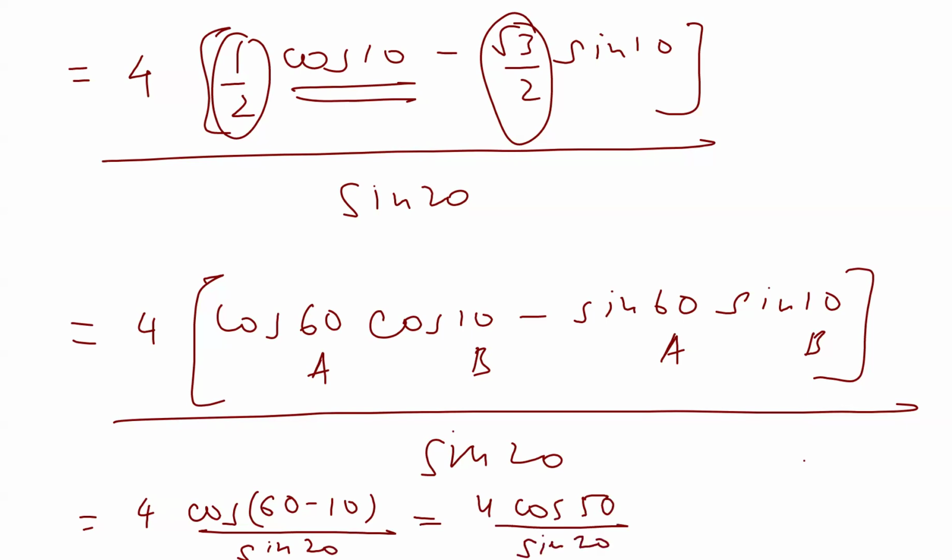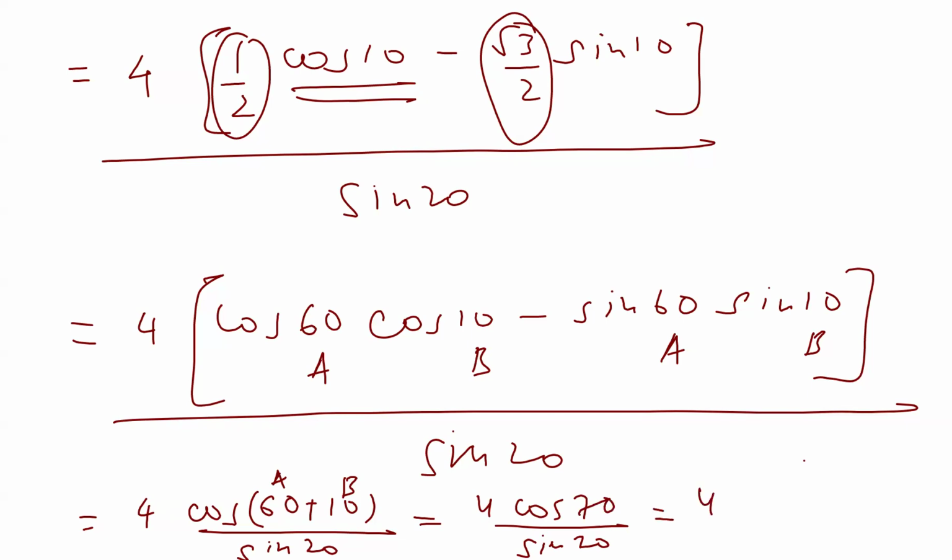I've just written these values now. The RHS is 4. But then cos A cos B minus sin A sin B is cos A plus B. Sorry, I used the wrong formula. This is cos A plus B, so this will be cos 70.